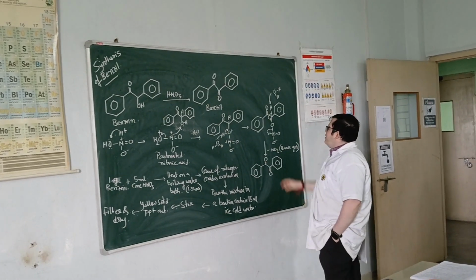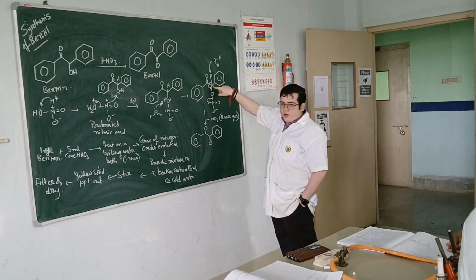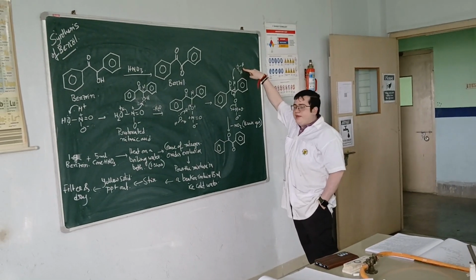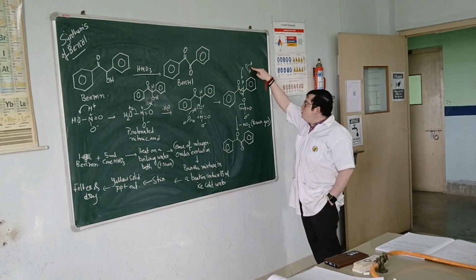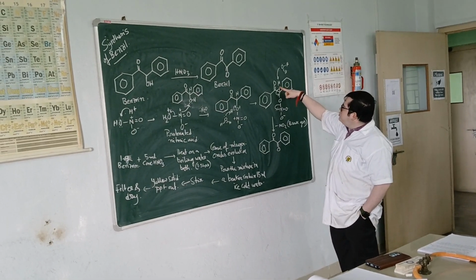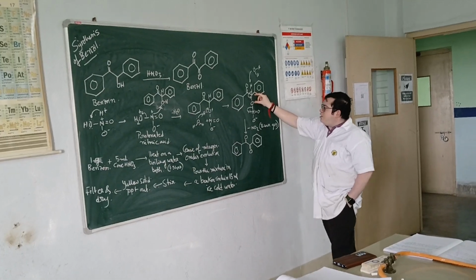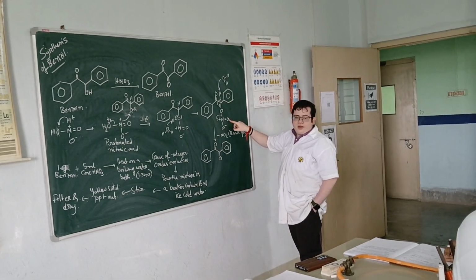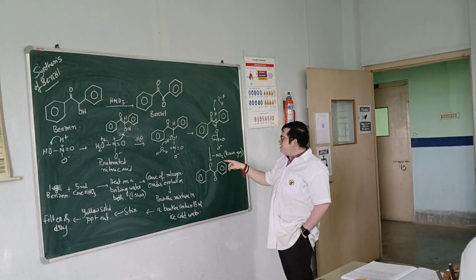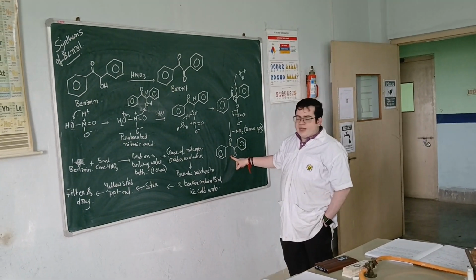Now, in the second intermediate, another hydrogen atom on the carbon will also be taken up by one water molecule and removed as H3O+. And the electrons between carbon and hydrogen will form the double bond between carbon and oxygen. Now, once the double bond is formed, this NO₂ part will be removed as a brown gas, that is NO₂, oxide of nitrogen, and we will get our final product, that is benzil.